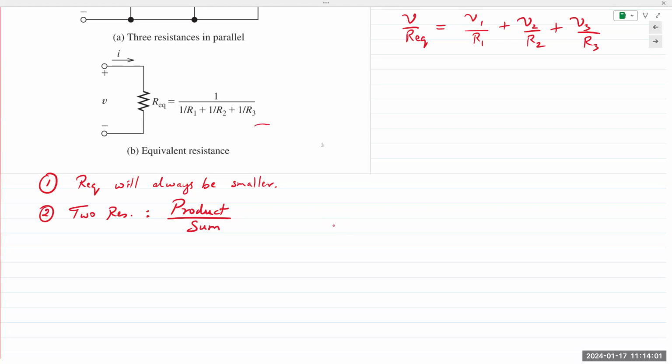And again, it simply comes from this equation right here.